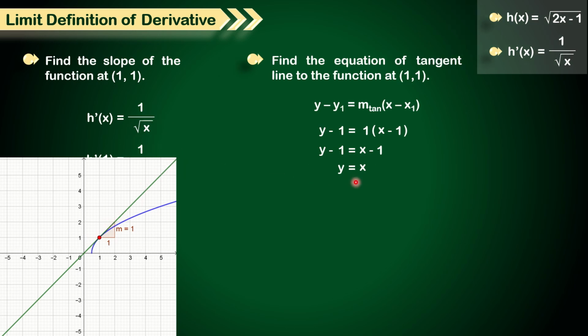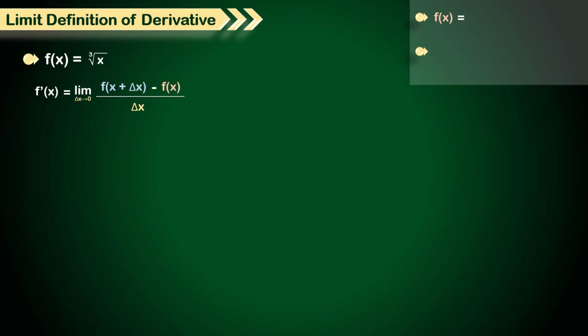Last example. What is the derivative of the cube root of x? f prime of x is equal to the limit of f of x plus delta x minus f of x over delta x as delta x approaches 0. f of x is the cube root of x, and f of x plus delta x is the cube root of x plus delta x.